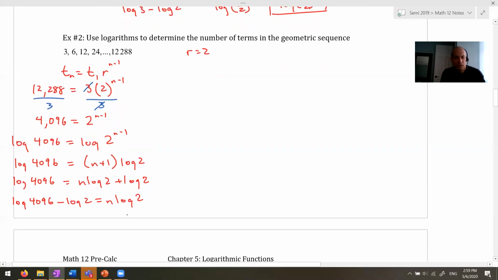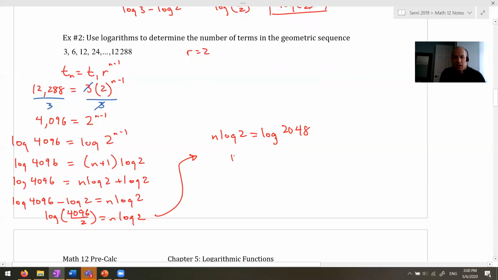And then finally, I can do some simplifying. In fact, because I'm subtracting these logs, I could actually say log 4096 divided by 2. And you know what? I'm just going to simplify now. Okay, so this becomes n log 2 equals log of, that's got to be what, 2048.